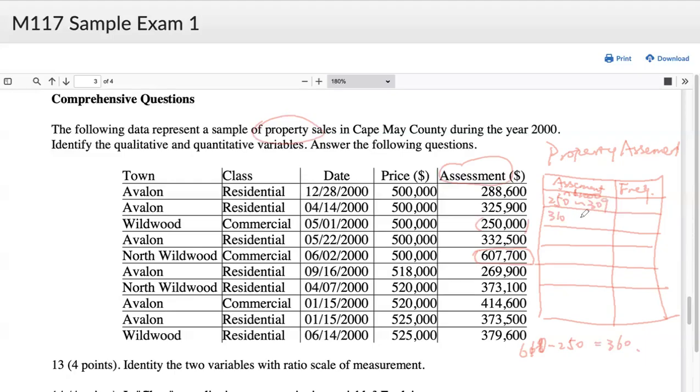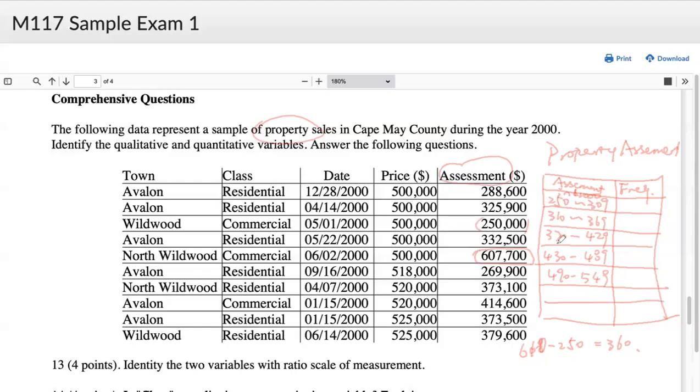Then keep adding 60: 369, 370, then plus 60, 429, plus 60, 430, plus 60, 489, plus 60, 490, plus 60, 549.